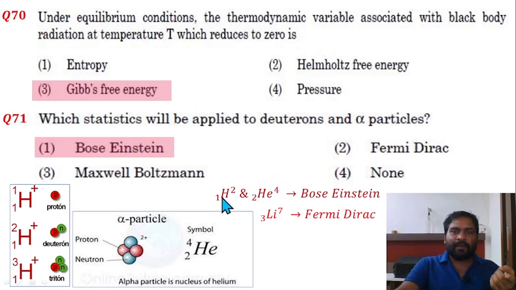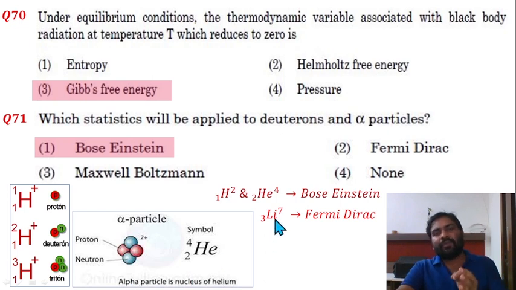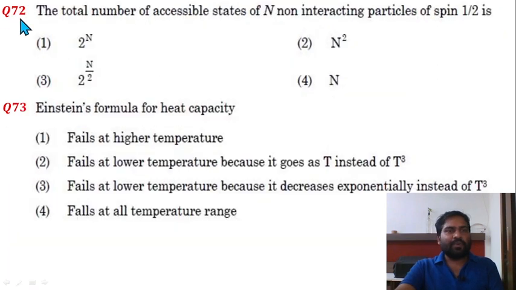Bose-Einstein is applicable for deuterons and alpha particles, and in the case of lithium 3Li7 it is Fermi-Dirac because the number of nucleons is odd here. It has 3 protons and 4 neutrons, which gives an effective half spin, and it follows Fermi-Dirac.